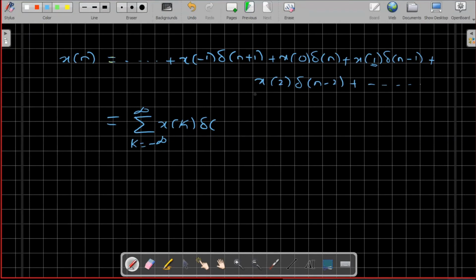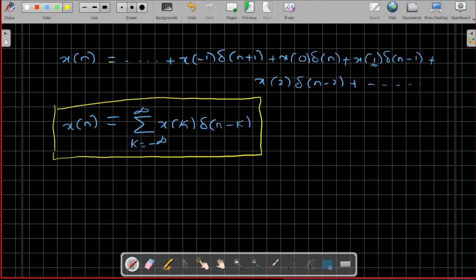Okay, so x of 2 into del of n minus 2. Clear? So similarly, I am representing it as a generalized function del of n minus k, where x of k is simply scalar values, nothing but amplitudes. Del of n minus k is your delayed impulse signal. So you can represent any arbitrary signal x of n as a function of delayed samples.